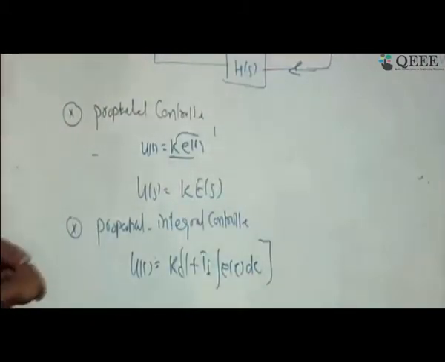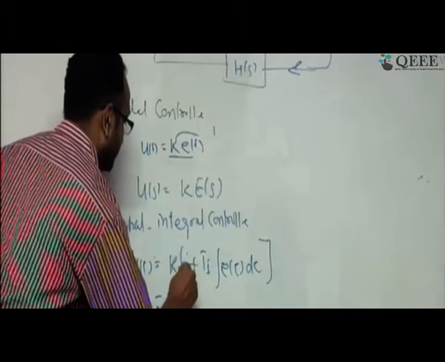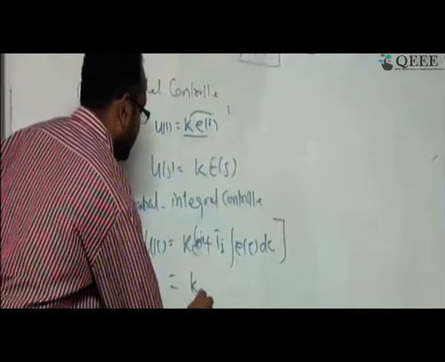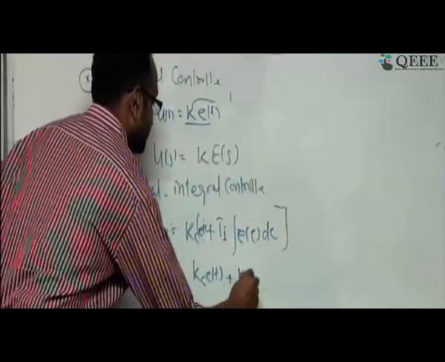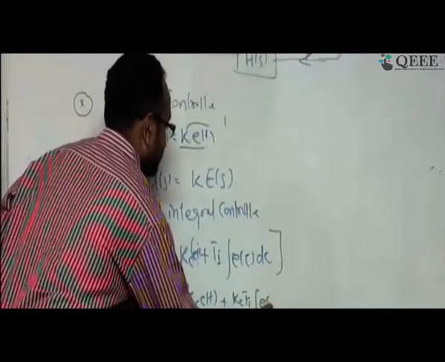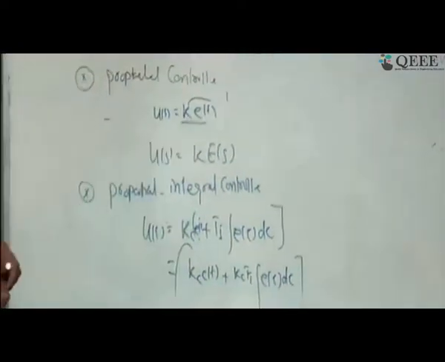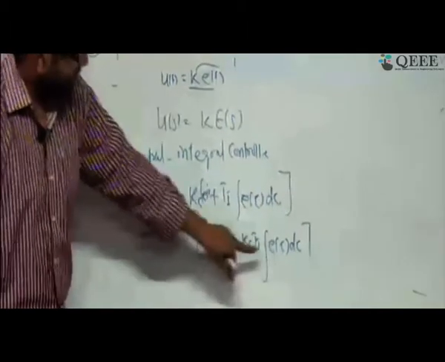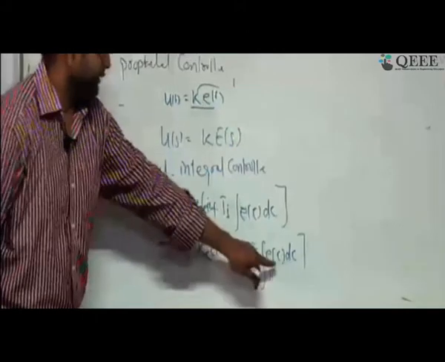Can you see there are 2 terms? Sorry, here also E of t will be there. There are 2 terms, Kc E of t plus Kc by Ti times the integral of E of tau, correct? One is proportional to the error, the second is the integral term. Can you see?